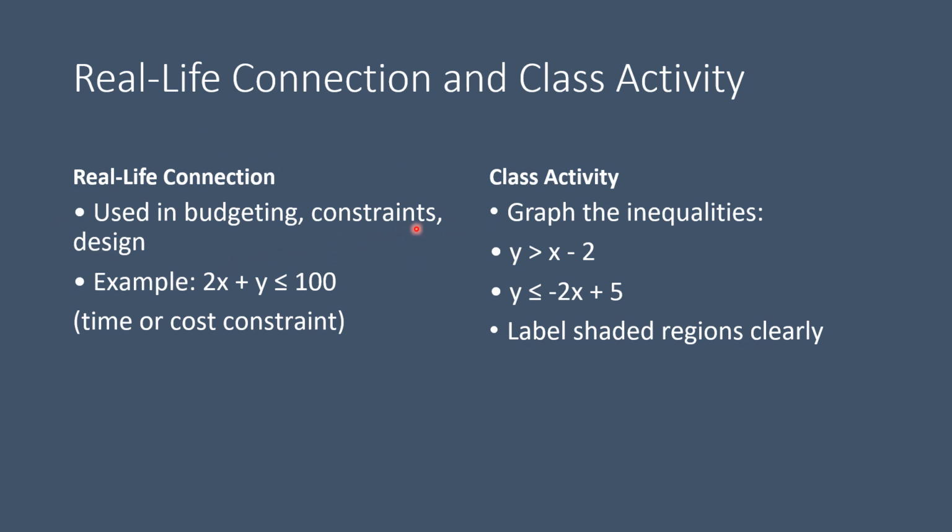They are very interesting and they help to solve a lot of problems, especially when it comes to optimization. So let's see this. We have 2x plus y less than or equal to 100. This one is about a time or cost constraint. So you can try your hands on this one to know the region that satisfies this particular condition.